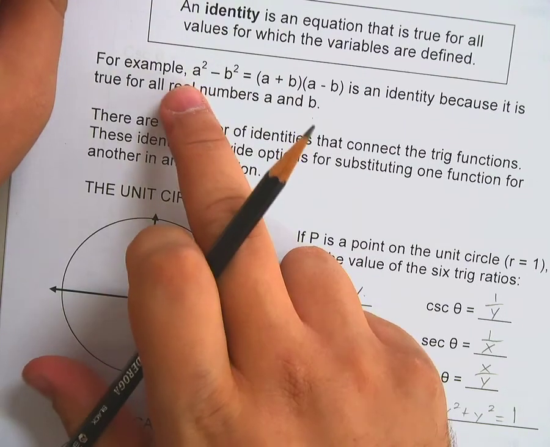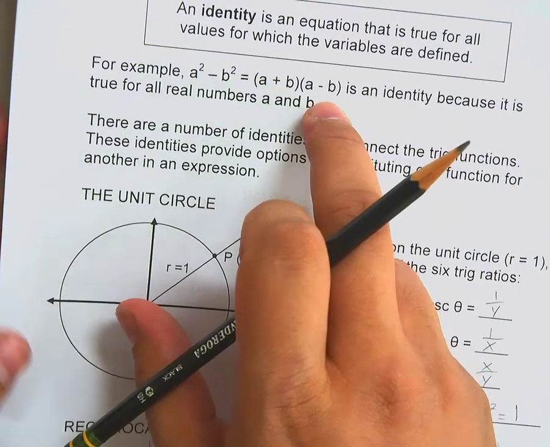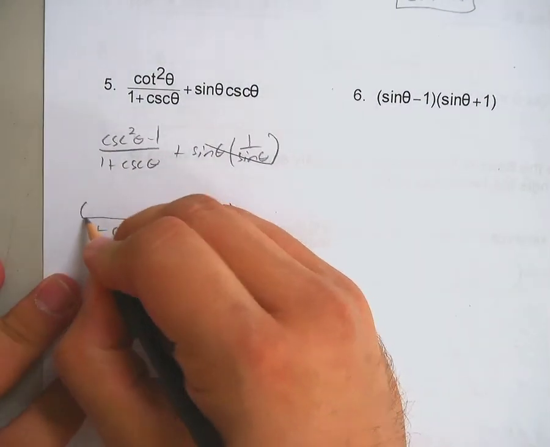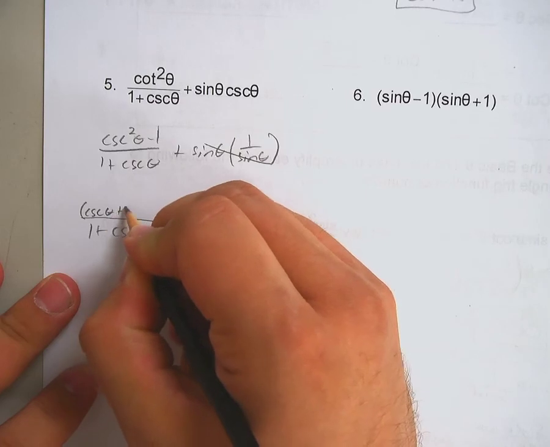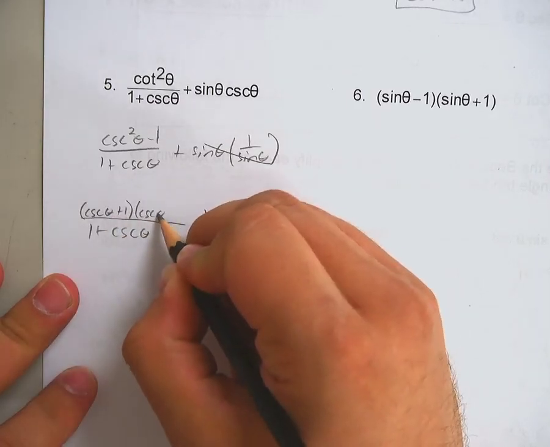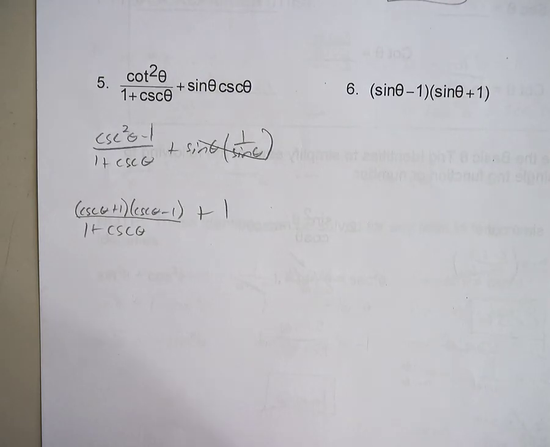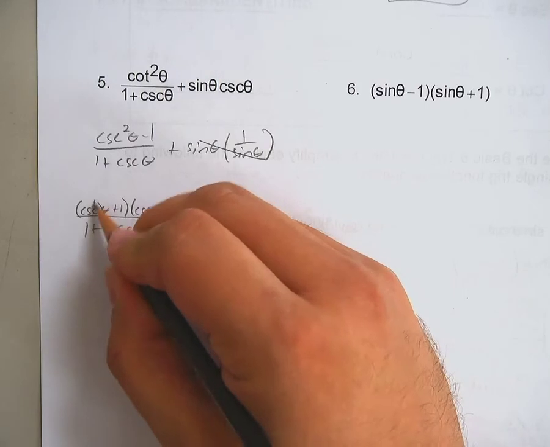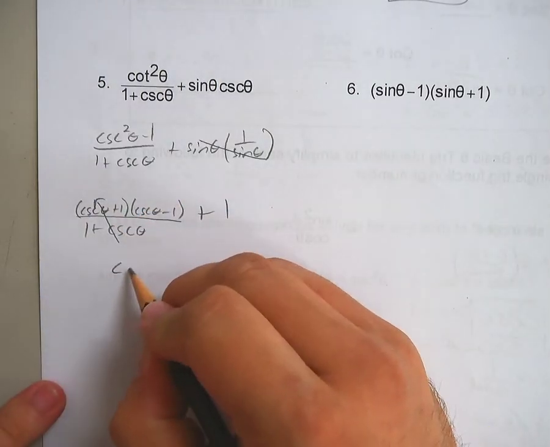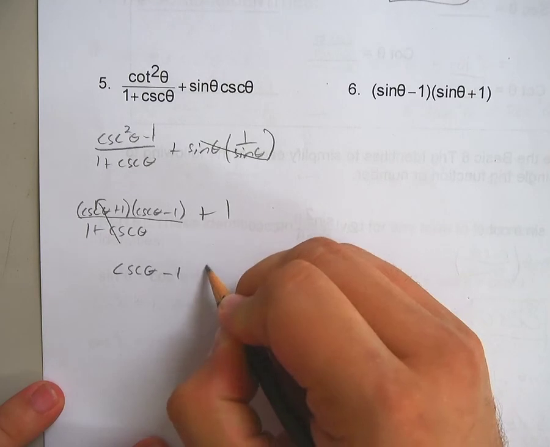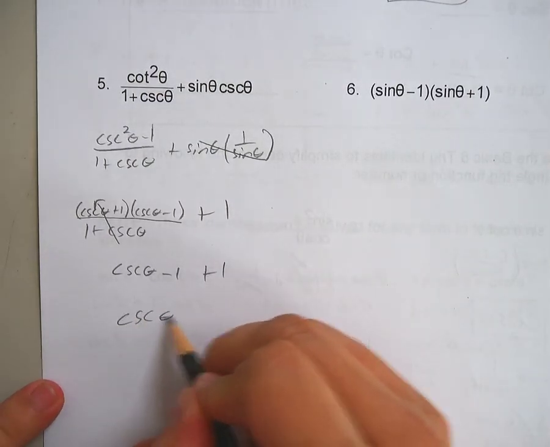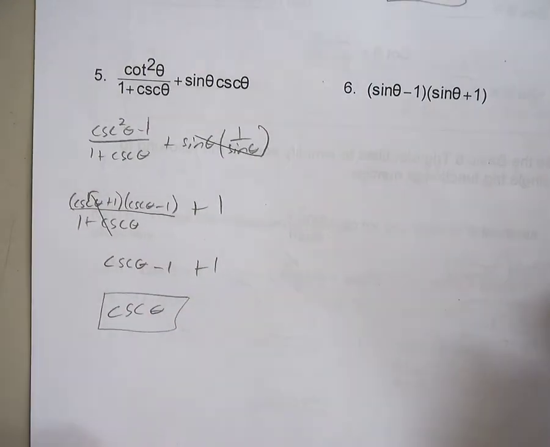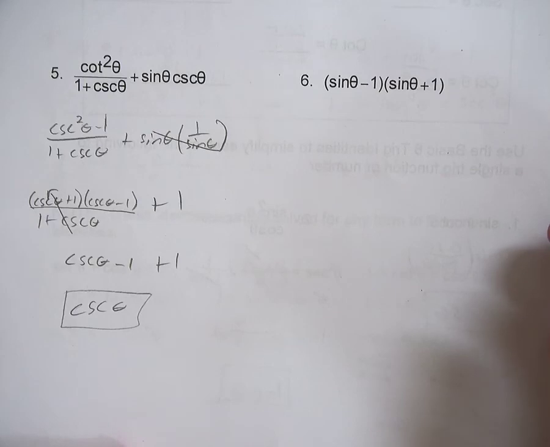A squared minus b squared equals a plus b, a minus b. So if I factor that, I can get cosecant theta plus 1 times cosecant theta minus 1. That's where it gets weird. I'm going to hurry just for the sake of time. This will all go to cosecant theta minus 1 plus 1, which is just cosecant theta. Why not change that to 1 over sine? Because a fraction is more complicated than just actually saying what it is.